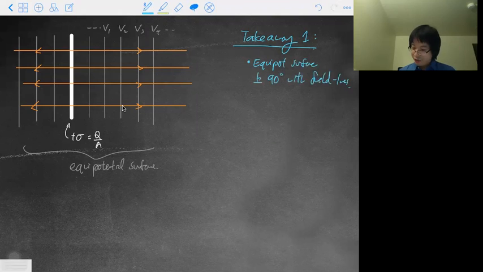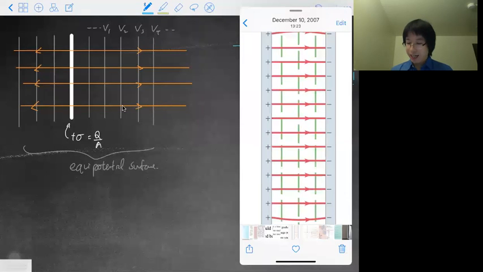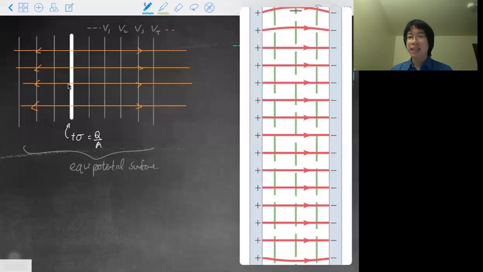I can show you a better picture. Also, we often use dotted lines to show the equipotential surfaces. So you see the red ones are the field lines. This one actually has two plates, a positive and a negative plate. So it's going from the positive to negative. These are the field lines. Let's just zoom in over here.